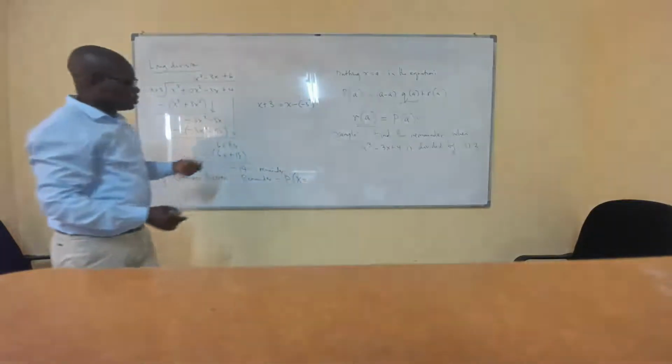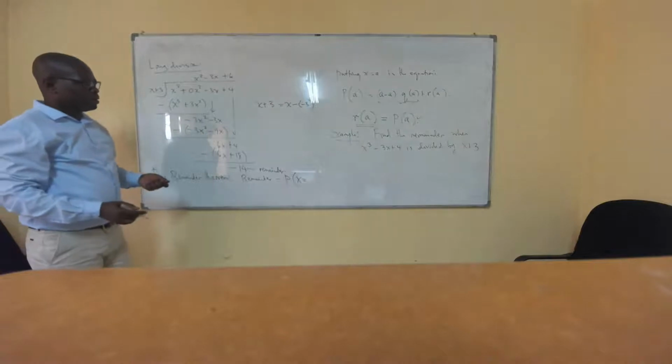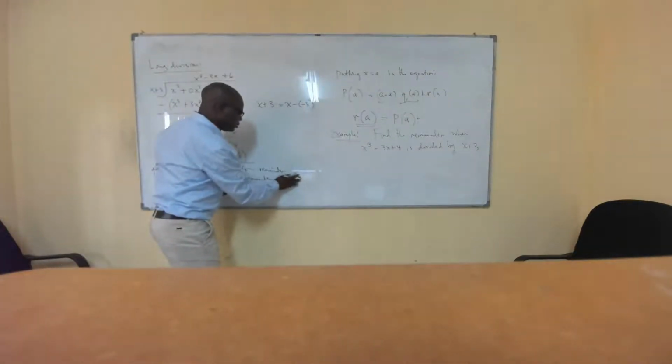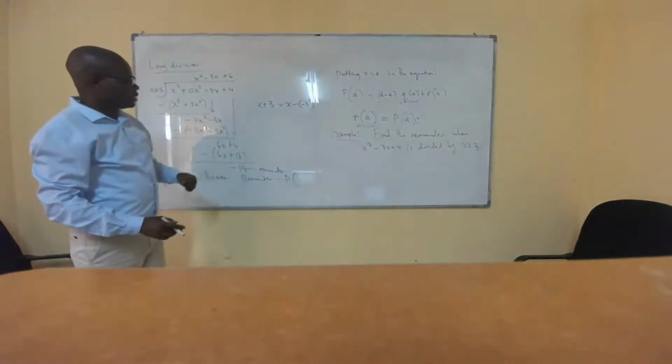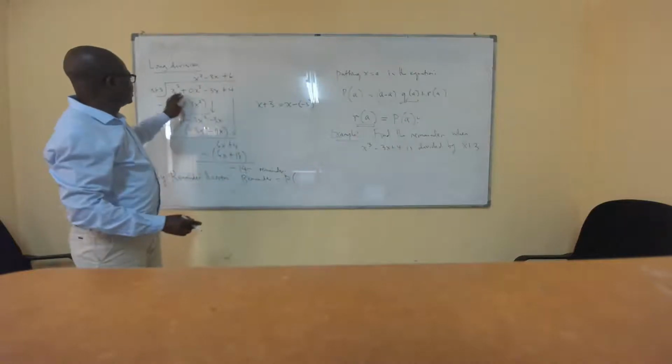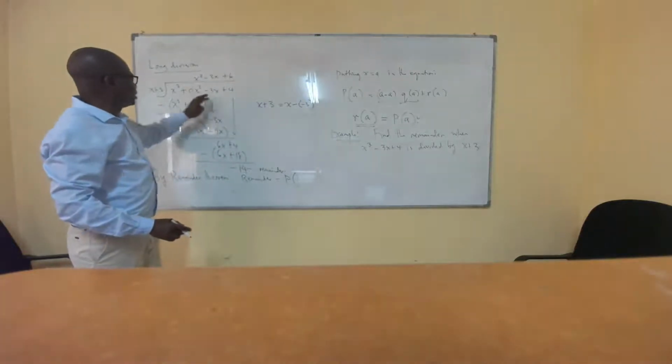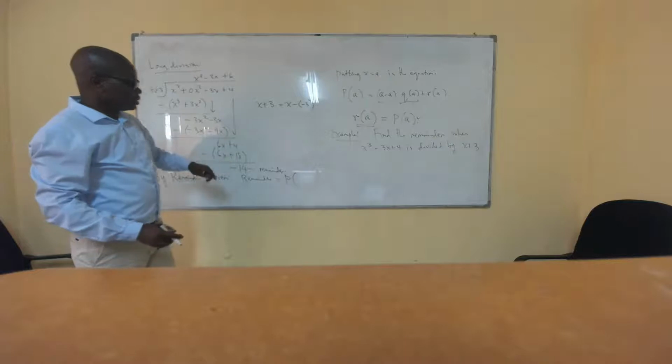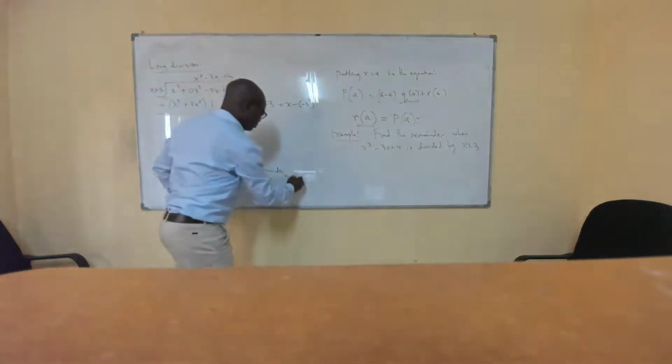So the remainder theorem is saying you can find the remainder by plugging in, where there's x put minus 3.